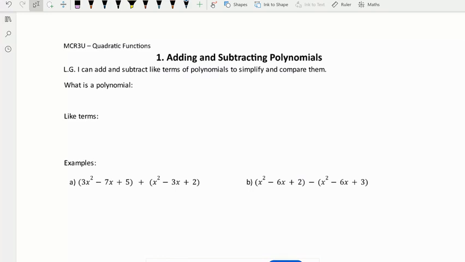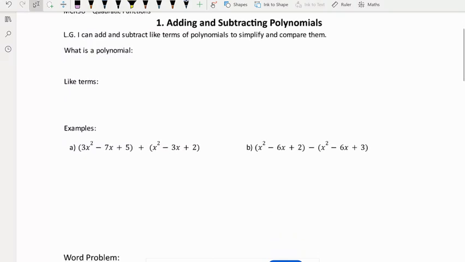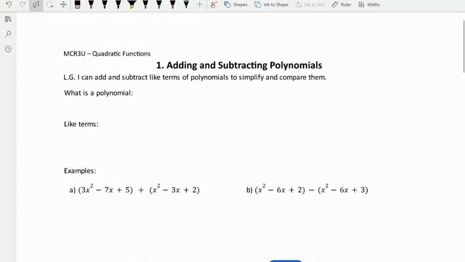Okay, the first one, adding and subtracting polynomials. Let's start with defining what is a polynomial. So this is a function in the general form.